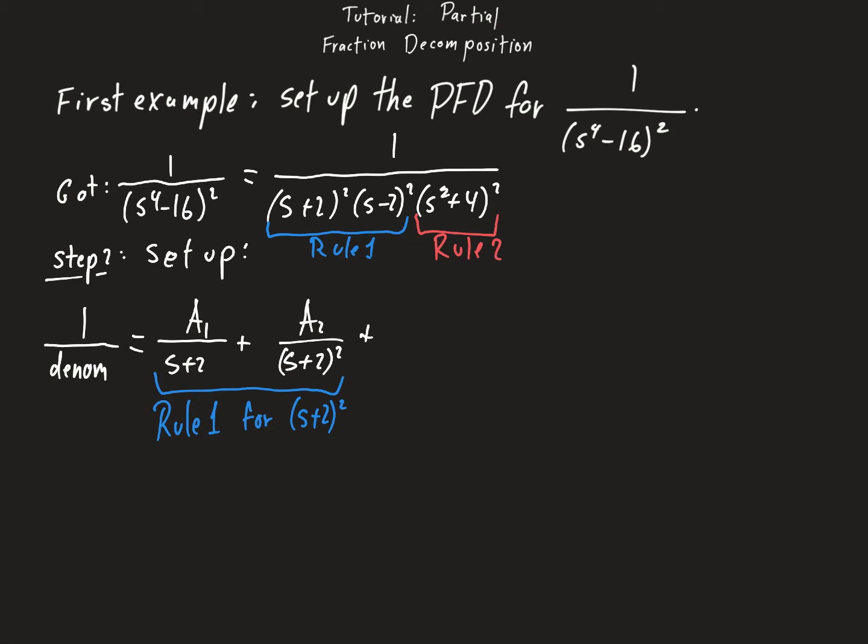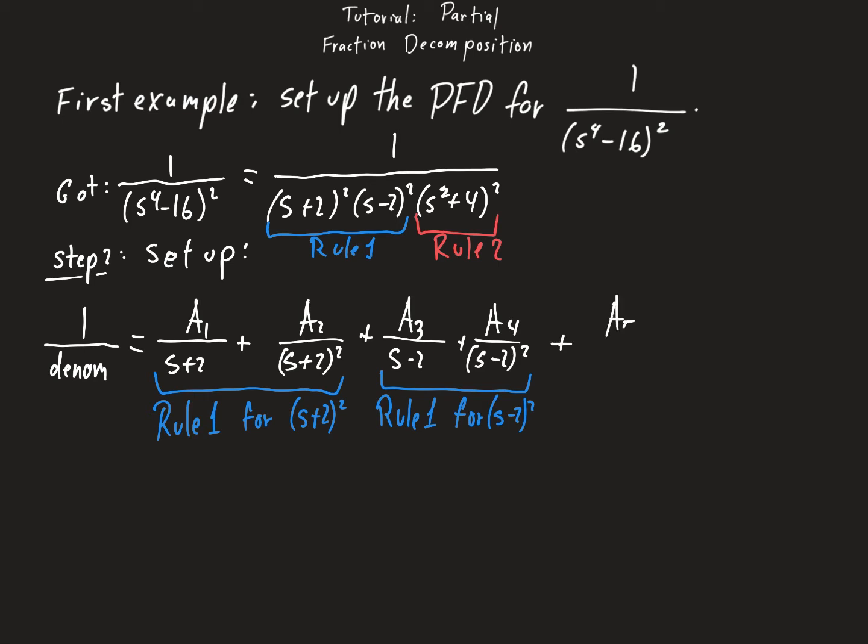All right, then the next two terms are the same thing, but for s minus 2. So we've got a3 over s minus 2 plus a4 over s minus 2 squared. And once again, both of these terms come from rule 1 for s minus 2 squared. Last but not least, we'll have two more terms.